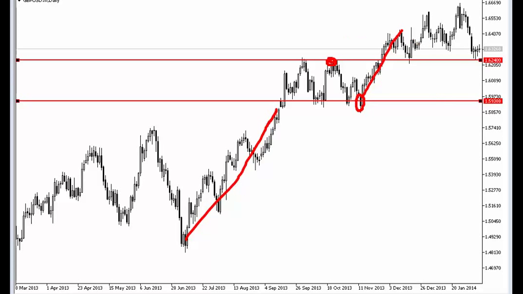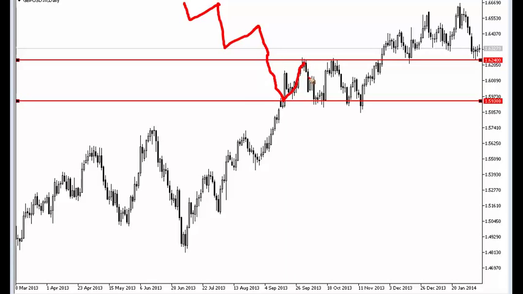Obviously if we had been in a downtrend before this range market, I'd be looking to take a trade back up here. Obviously we need a couple of swing points, a couple of highs and a couple of lows to be able to determine that it's a range market.